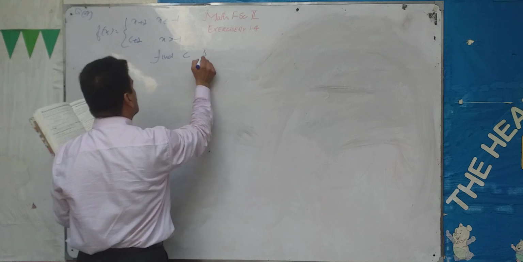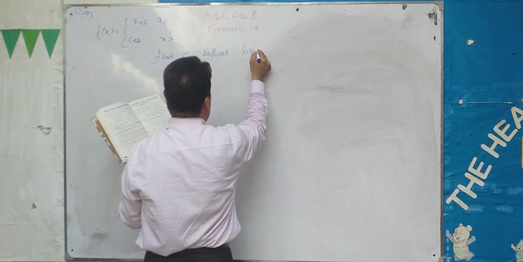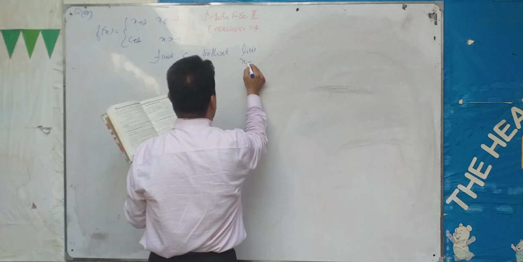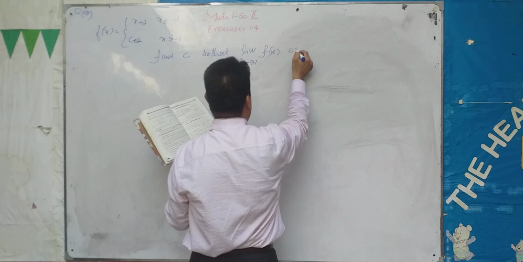Find c so that the limit of the function when x approaches minus 1 exists.